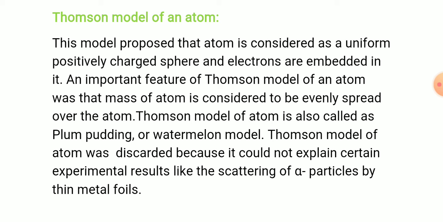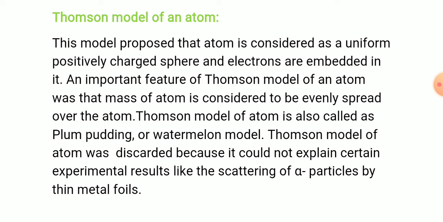An important feature of the Thomson model was that the mass of the atom is considered to be evenly spread over the atom. The Thomson model is also called the plum pudding or watermelon model.